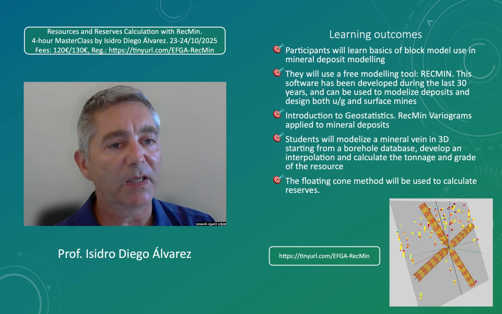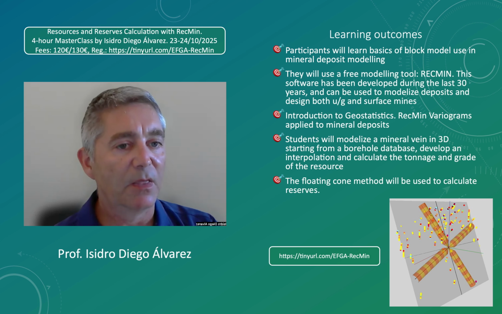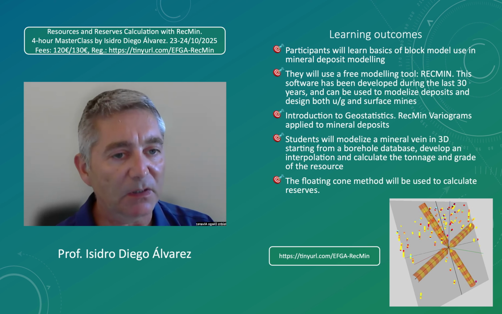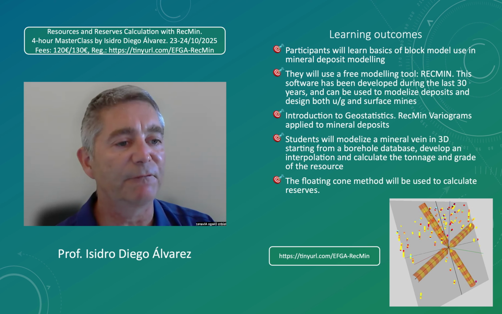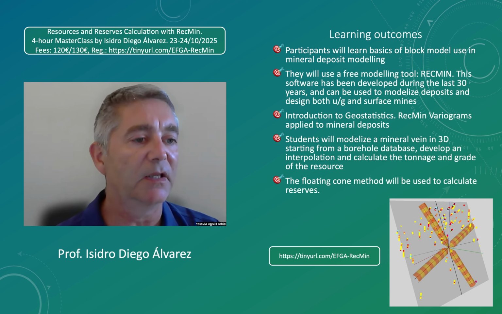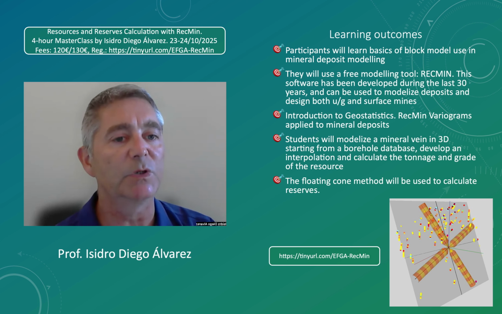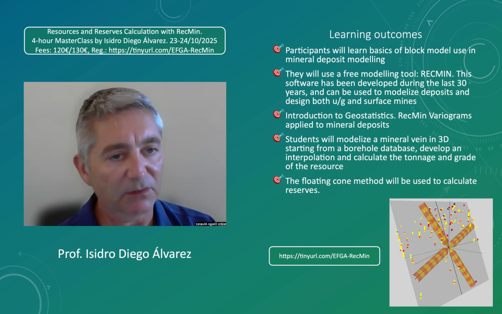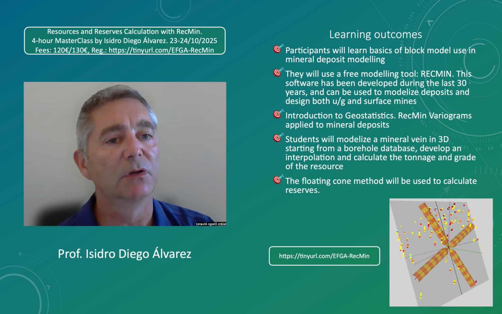So we can calculate the resources, the mineral resources. Once the resources are calculated, the reserves will be calculated using the floating cone method. There are at least a couple more methods available in RecMin, but in this short course, we just cover the floating cone method. With that, the reserve calculations will be done.